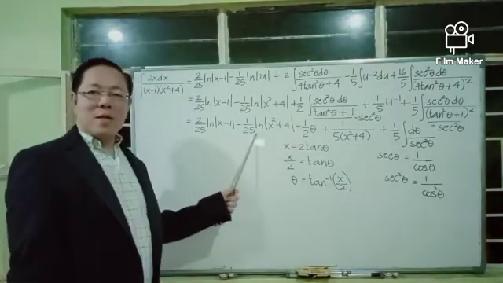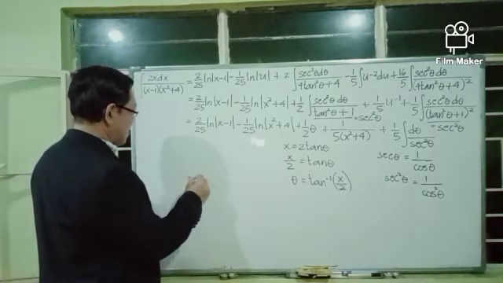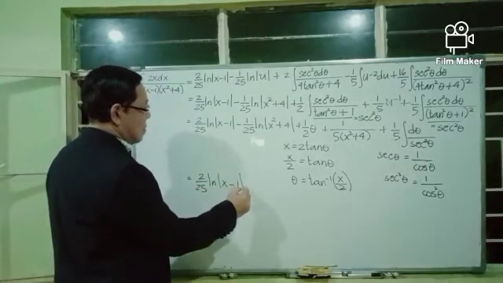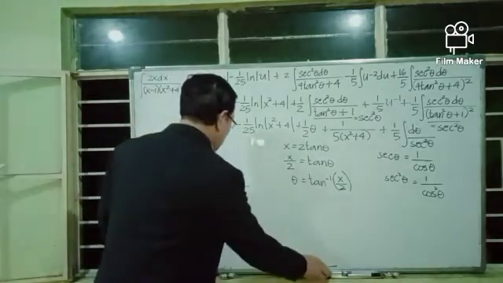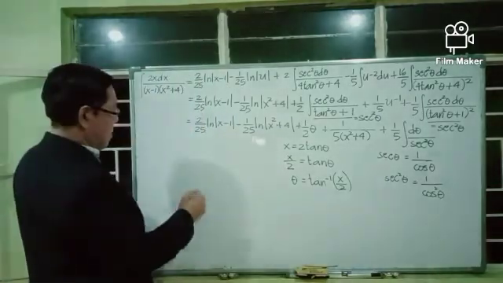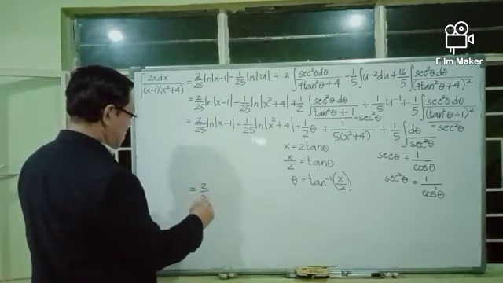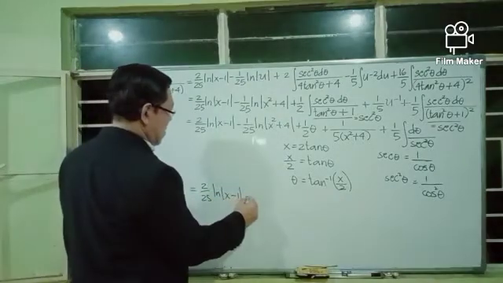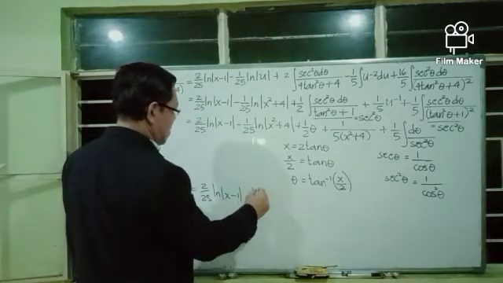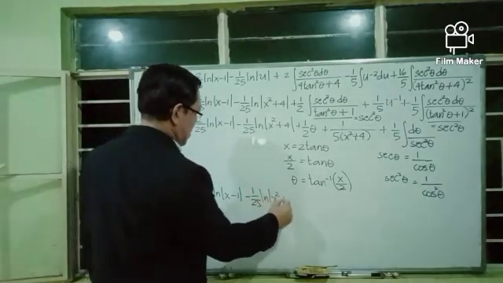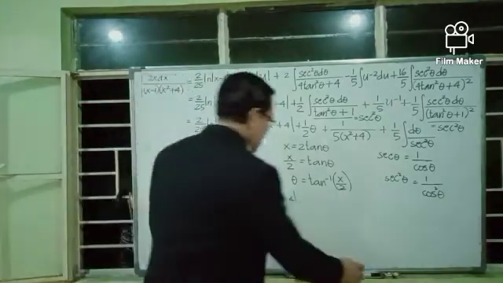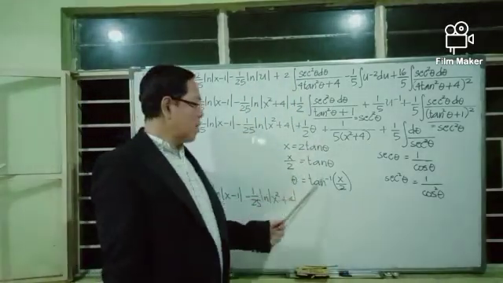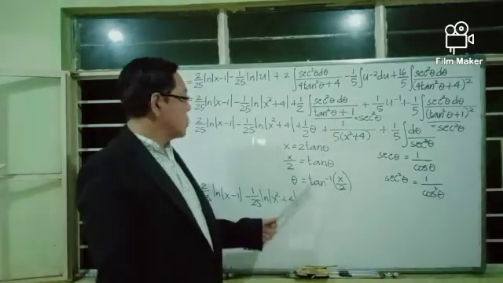Then the first two terms are the same. Now we replace theta with inverse tangent of x over 2 multiplied by 1/2.